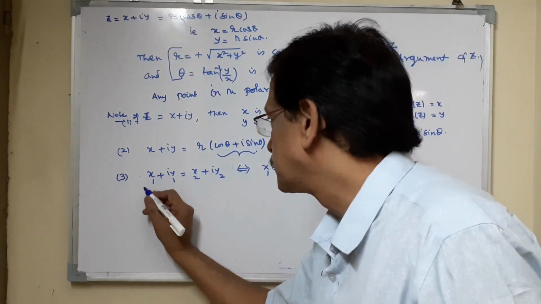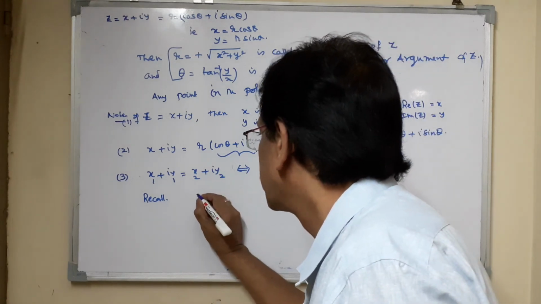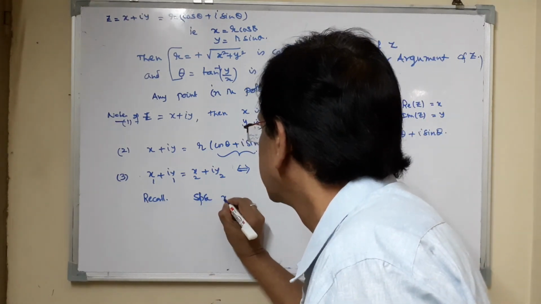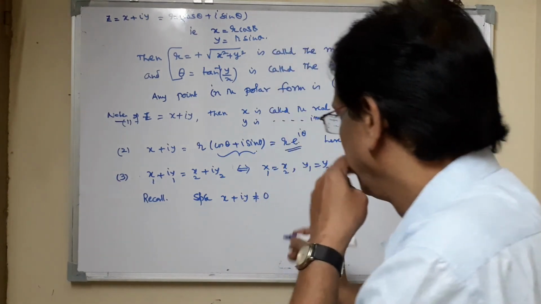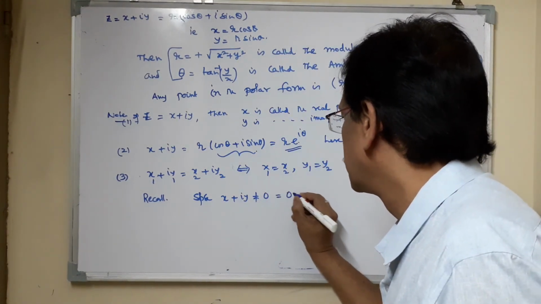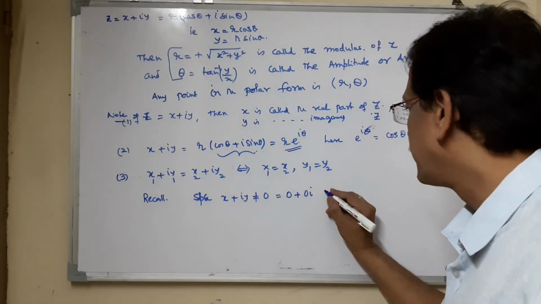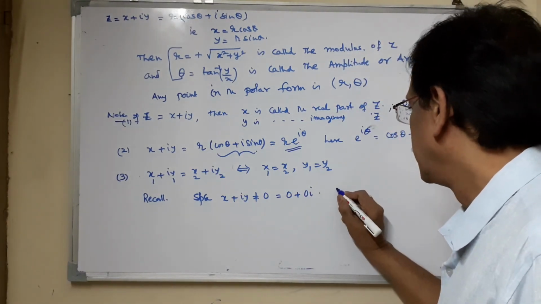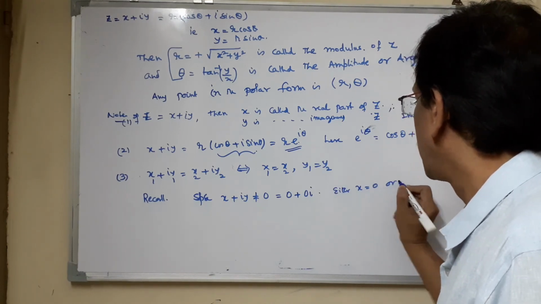So I would like to recall again, suppose x plus iy is non-zero. What does it mean? Zero is 0 plus 0i. x plus iy is non-zero means either, first case, x non-zero or y equal to 0. Second, either x equal to 0 or y non-zero.